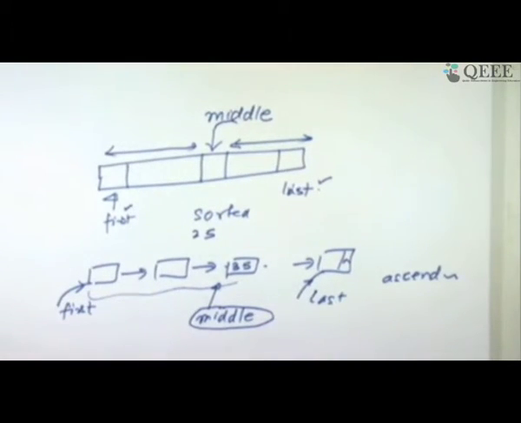And if you can do that meaningfully and quickly, then binary search is fine. But if you have to figure out the middle element every time and waste time, then searching through the list will be easier. You don't have to do this. So binary search on a linked list will not easily work directly because you don't have access to the middle element or an arbitrary position in the list.